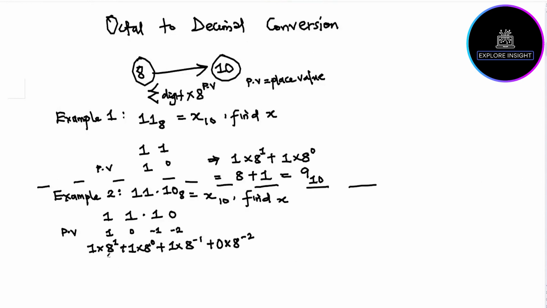Okay, let's go ahead to sum that. 8 in the power of 1 times 1 is 8. 8 in the power of 0 is 1 times 1, 1. Plus, this is 1 over 8. And this, 8 to the power of -2, anything multiplied by 0 is definitely 0. So that will give us 9.125 in base 10. So it means our x is 9.125.